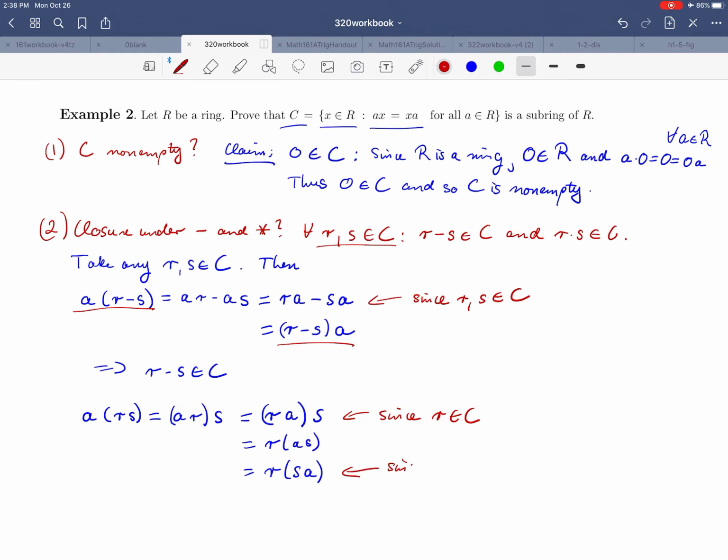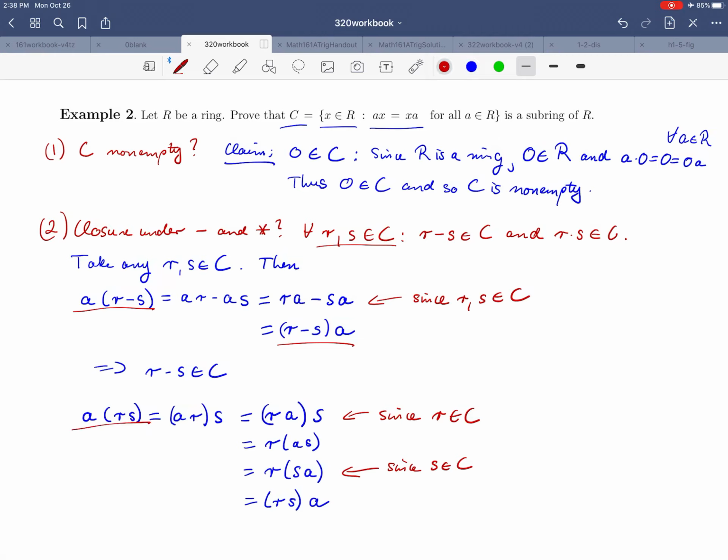So that is, since S is an element in C, but now we can use associativity one last time to have our result written exactly the way that we wanted it.